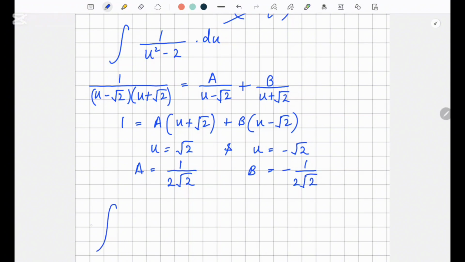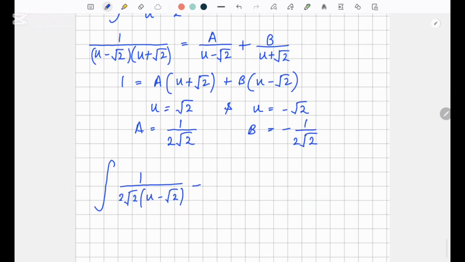Now you just have to integrate 1 over 2 root 2 into u minus root 2, plus, it's not plus, it's minus, because b was minus 1 over 2 root 2, right? So minus 1 over 2 root 2 into u plus root 2 dot du.